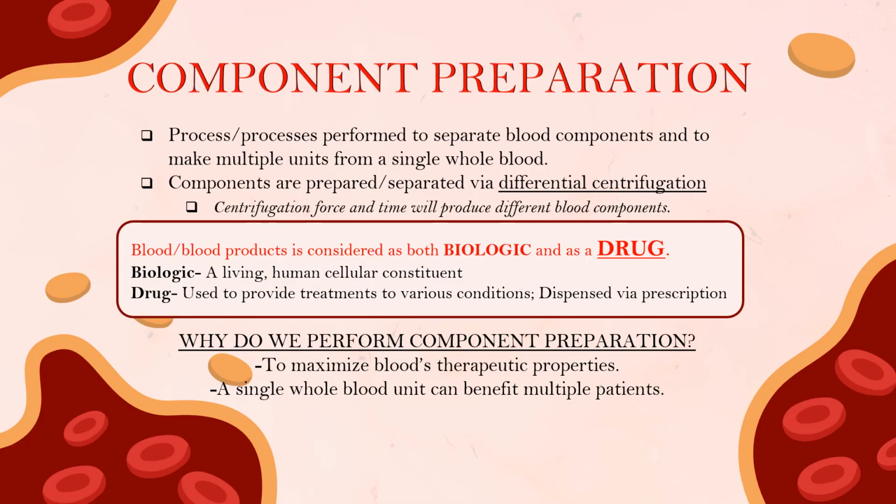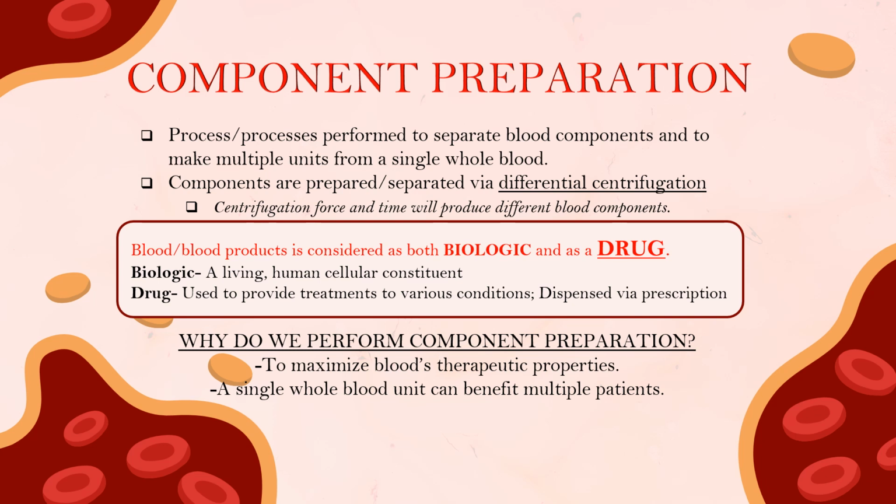Component preparation, in its most basic definition, is a process that we perform to separate the different blood components or to manufacture different blood component units from a single whole blood unit. We perform the separation of these components via differential centrifugation.